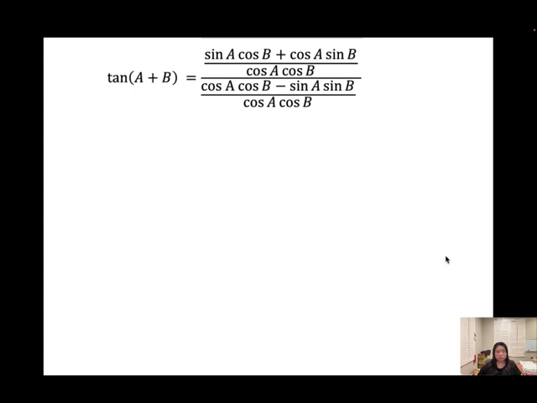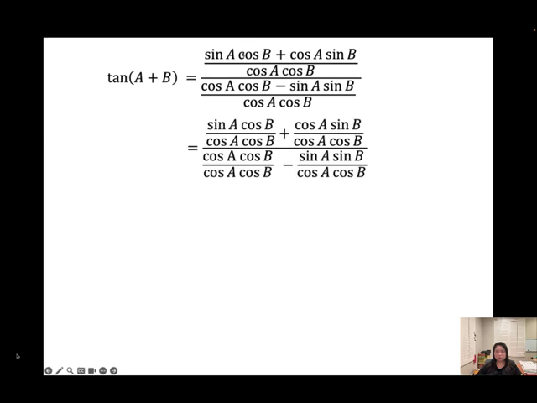Now I'm going to separate into two parts: sine A cosine B over cosine A cosine B, and cosine A sine B over cosine A cosine B, with the same idea in the denominator.